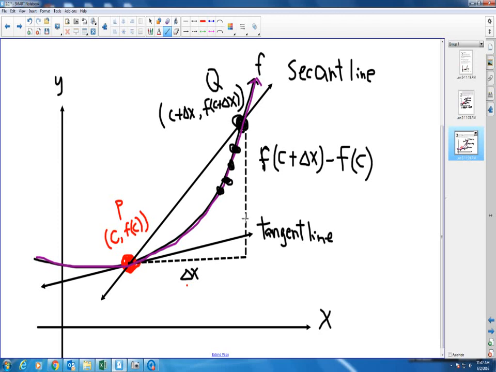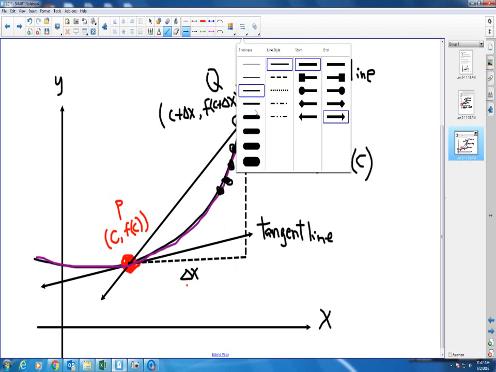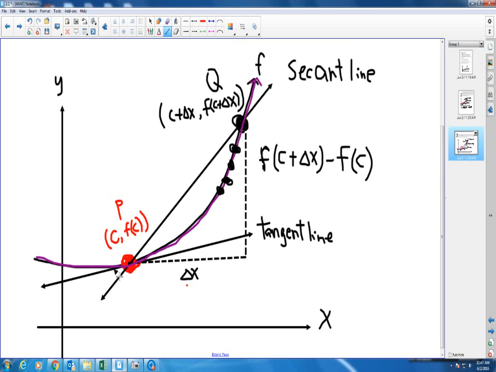So let's give this a try. It's going to be messy real quick. From point P to the new point Q, that's a secant line. If I keep on increasing my secant lines, eventually all these secant lines are going to be the same as what?